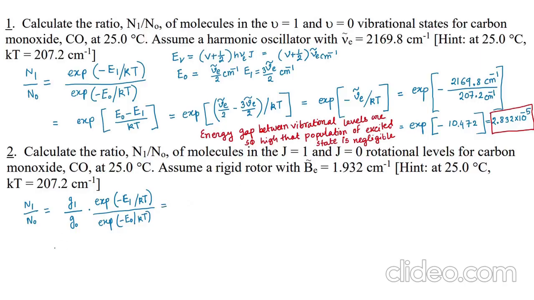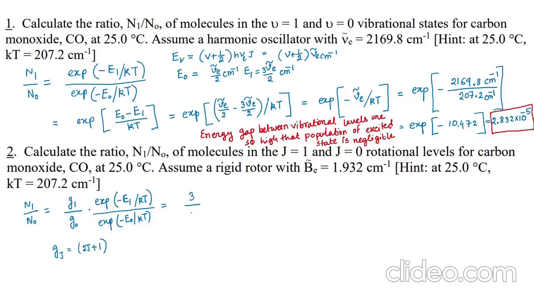So what is g? Gj is actually going to be 2J plus 1 for the jth level, right? 2J plus 1 is going to be the degeneracy. So for the first excited state, the g1, it is going to be 3, right?